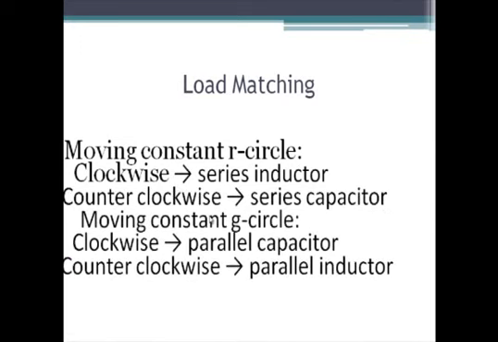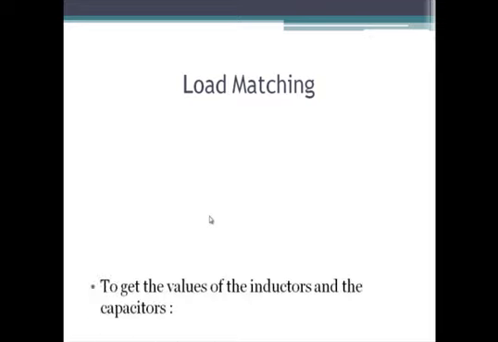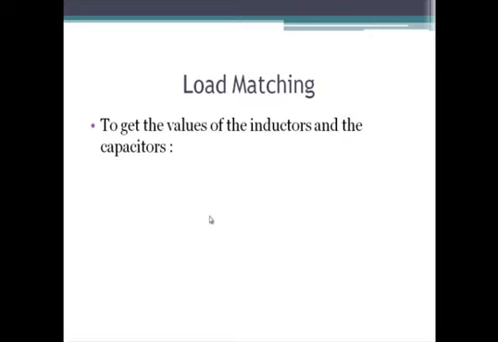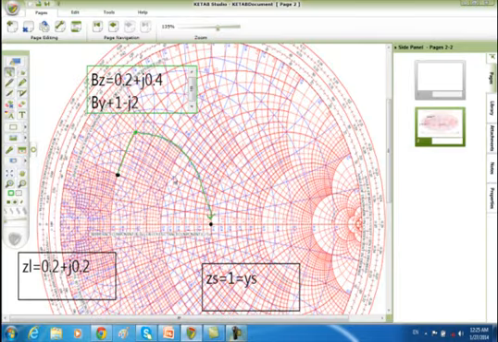To get the values of this inductor or capacitor, we subtract the impedance or admittance of the source we are moving from, from the destination we are moving to. In the Smith chart, for the first line we move along, we are adding an inductor, and on the second line we are adding a capacitor.